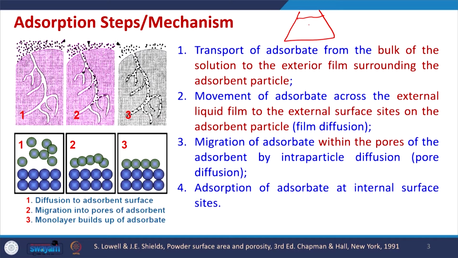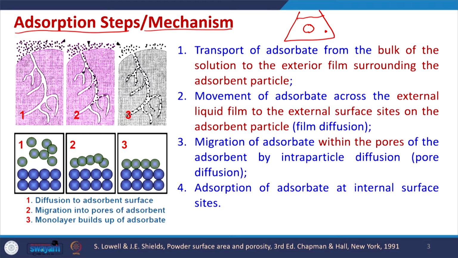Now, it contains an adsorbent particle, and this is some molecule which is to be adsorbed. There are different stages of movement of this adsorbate inside this adsorbent. These are called adsorption steps, the mechanism by which this adsorbate is moving inside this adsorbent and getting adsorbed.